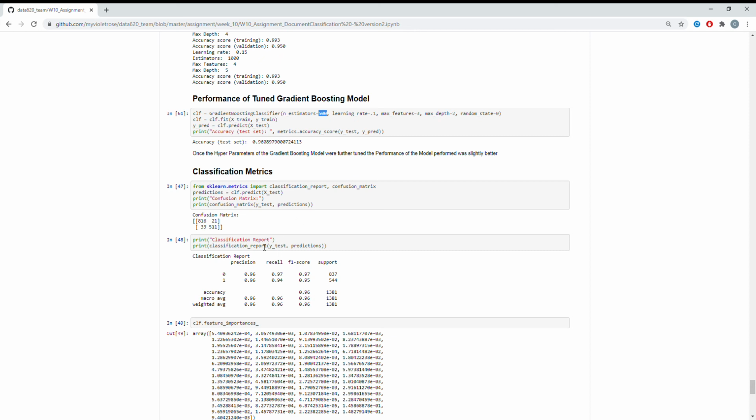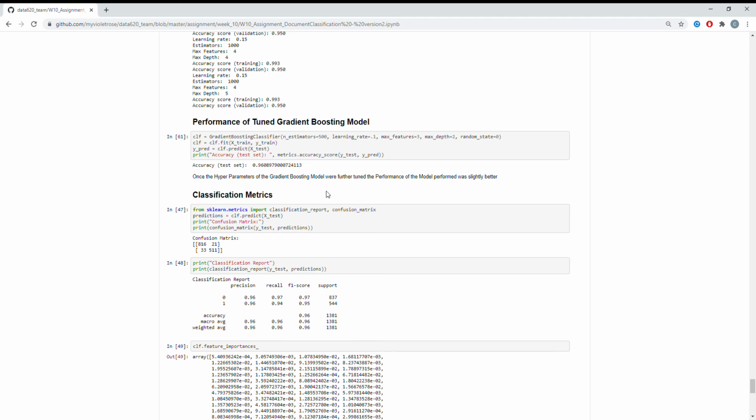Anywho, so you can see the confusion matrix and some of the different metrics here. One thing I will note is the worst is the recall, which is still 94%, and is indicative that we are missing some true spam. We're not actually getting all of the spam and classifying them. 6% of the spam are actually going unclassified as spam, so we might want to fiddle around with these models.